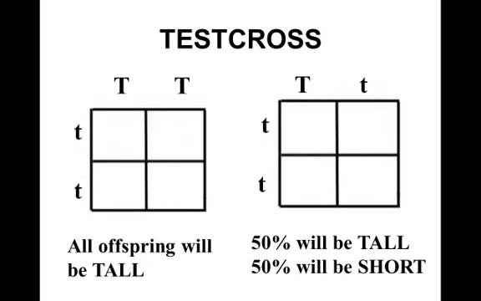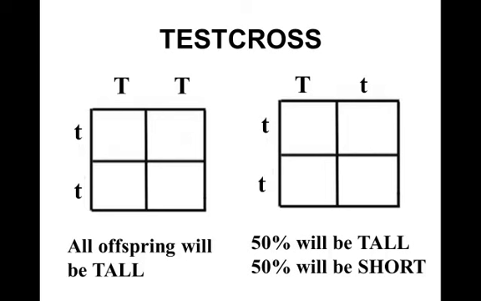So let's set up two test crosses and look at what are the possible offspring we can get. I'm going to cross two tall-looking parents. In the first cross, the tall-looking parent is big T, big T, and that's one possible gene combination you could have to look tall.